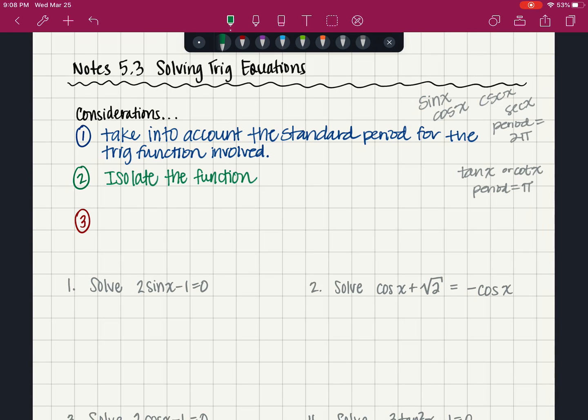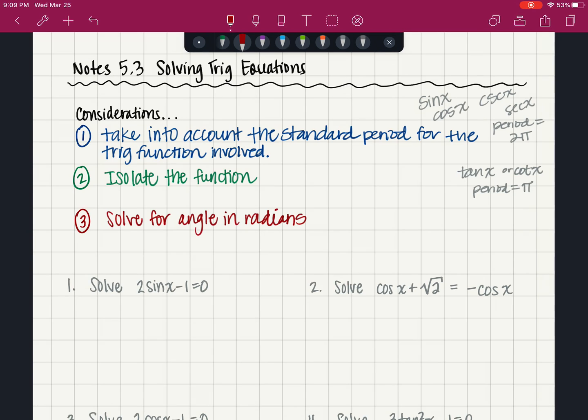After we isolate that function, we're going to be able to solve for the angle. And in most cases, we're going to solve for the angle in radians. So let's give it a try here on this first one.